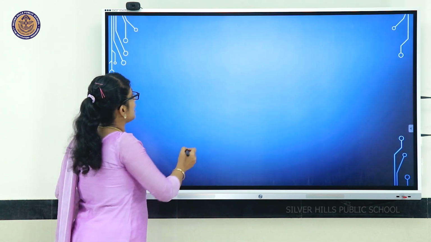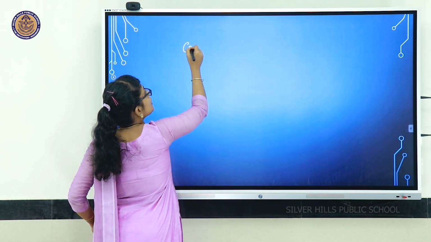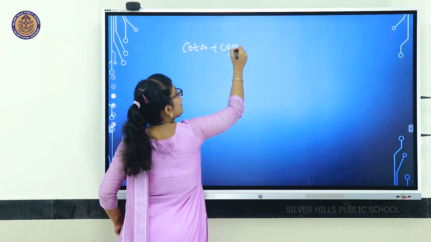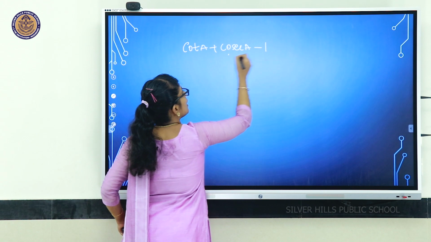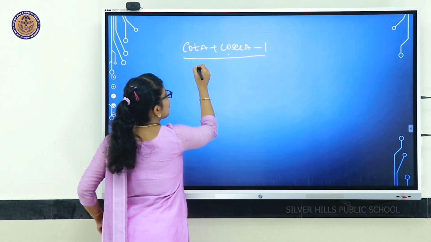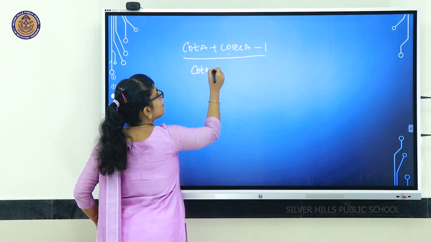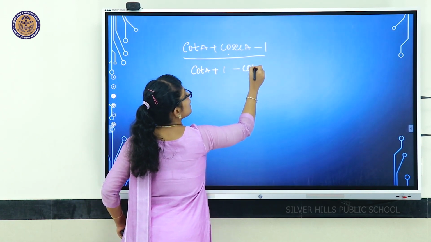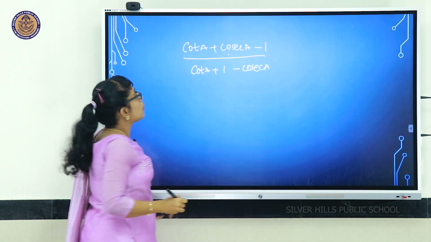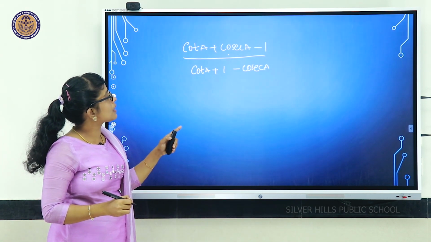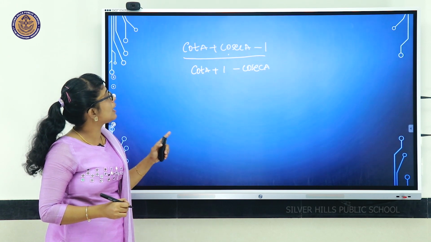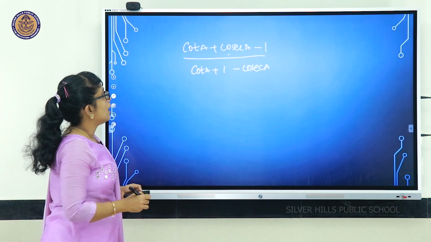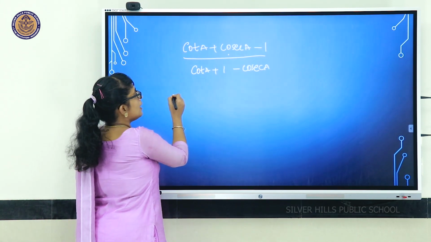Then I will rearrange these terms. Cot A plus cosec A minus 1 by cot A plus 1 minus cosec A. Okay, then listen here.